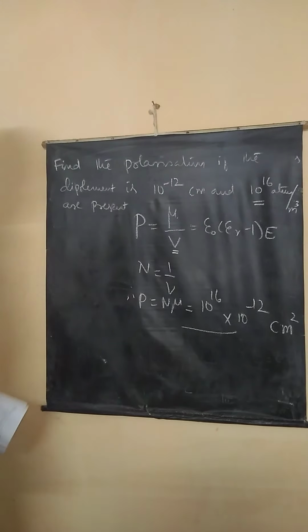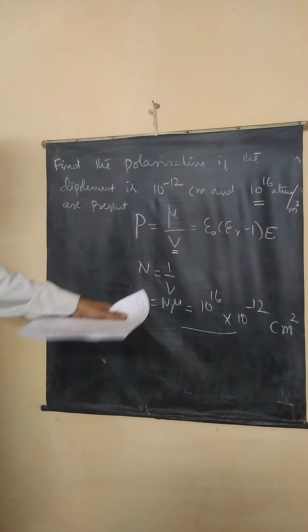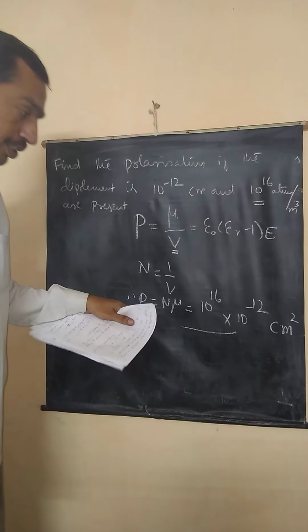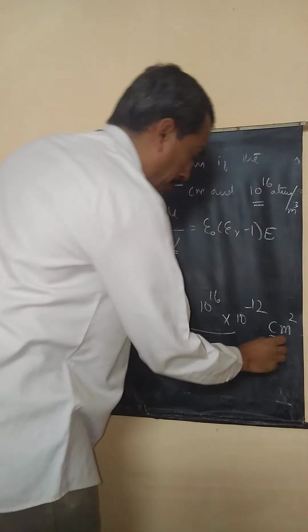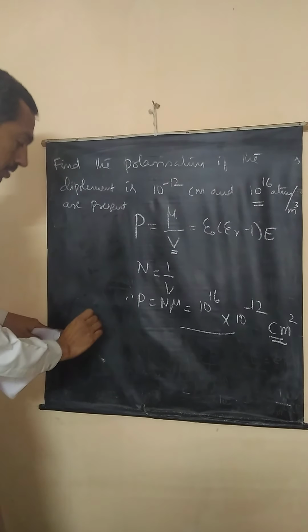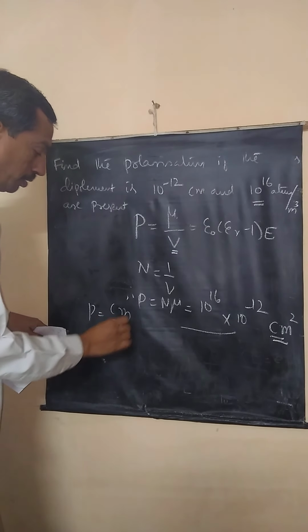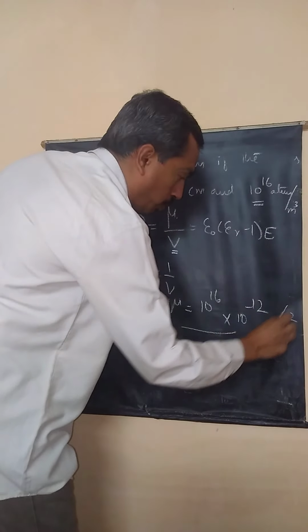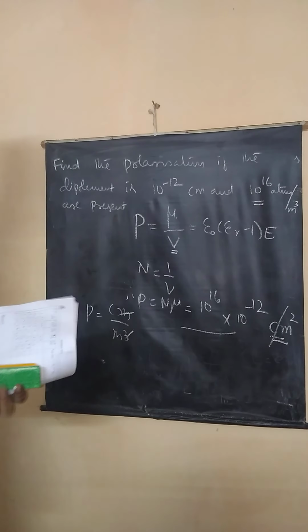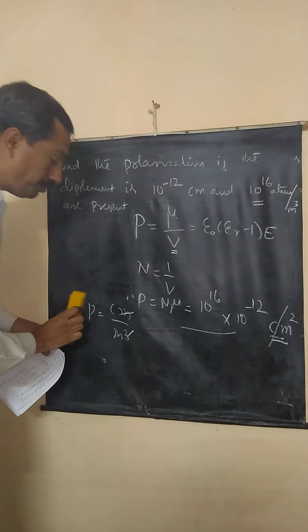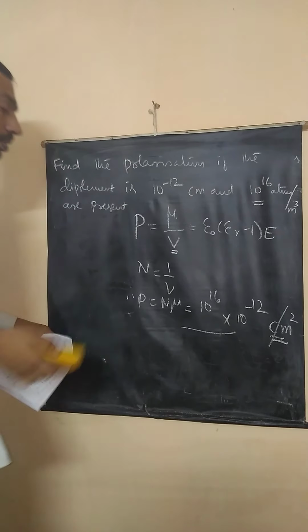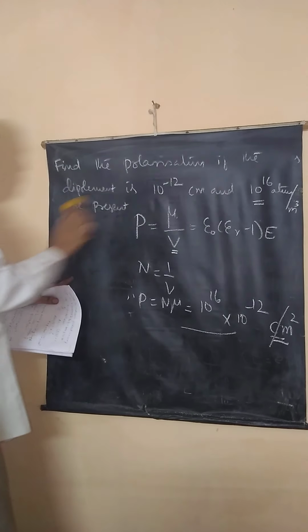This is the polarization. How do you get the unit? P, mu is coulomb meter, divided by meter cube, so meter square. Coulomb per meter square. Okay. Now we'll go to the next numerical.